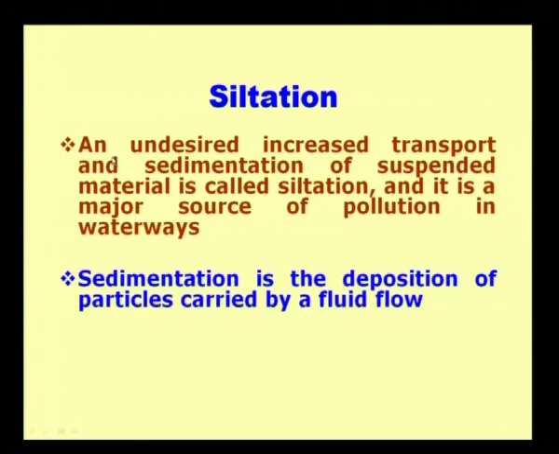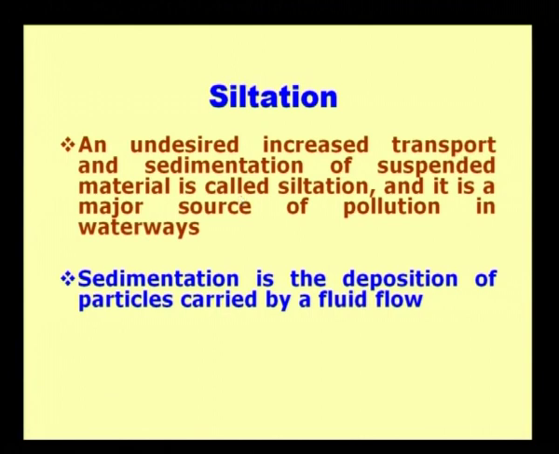And now, let us come to the second topic, that is siltation. See, what is the meaning of siltation? An undesired increased transport and sedimentation of suspended material is called siltation. See, undesired, that means it is not desired. Increased transport and sedimentation, that means the undesired suspended material is in increased amounts and is transported and sedimented, and that is called siltation, and it is a major source of pollution in waterways.